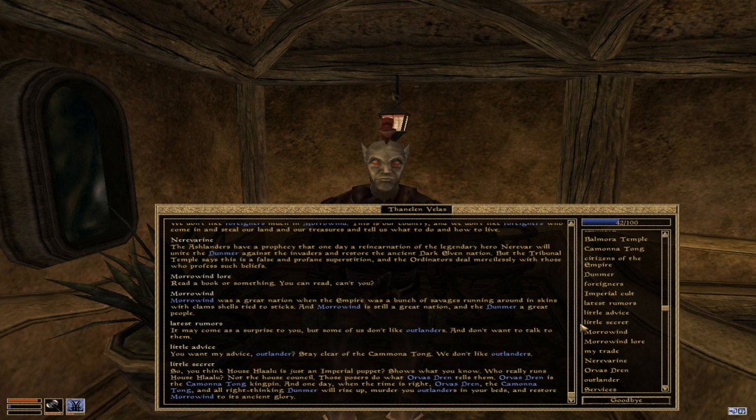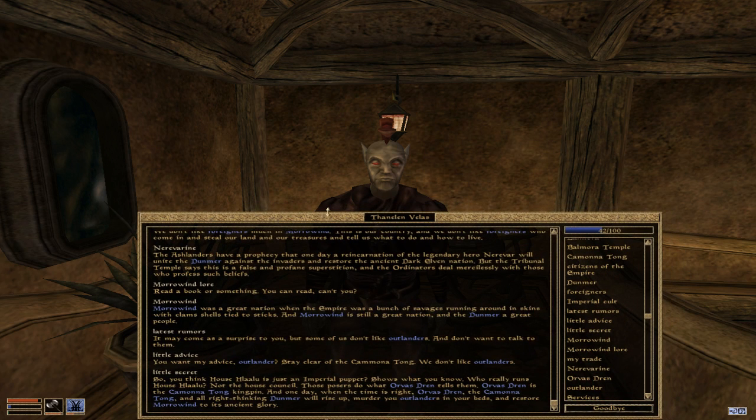Orvas Dran is a Commonotong kingpin, and one day, when the time is right, Orvas Dran and the Commonotong and all right-thinking Dunmer will rise up, murder you outlanders in your beds, and restore Morrowind to its ancient glory. He could be more subtle with that. That's obvious for the sneaky one. Okay, anyway, I see what you are saying.